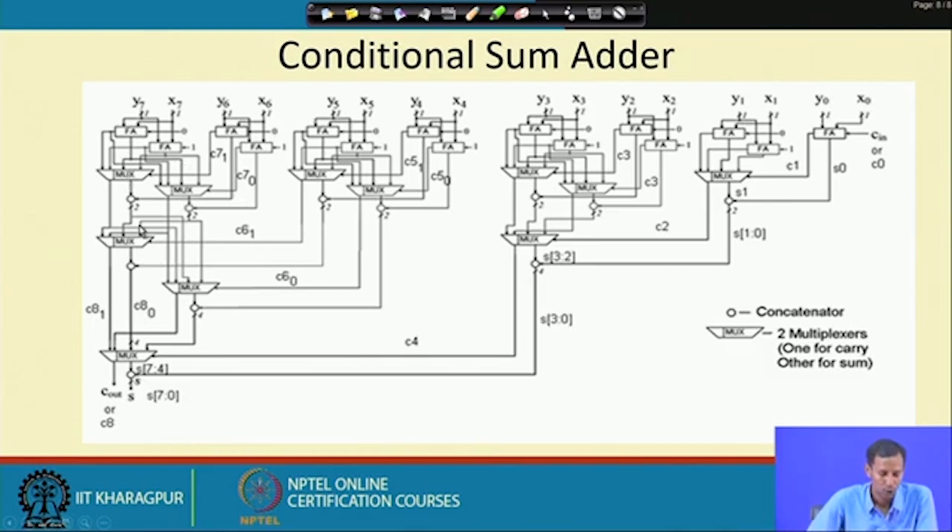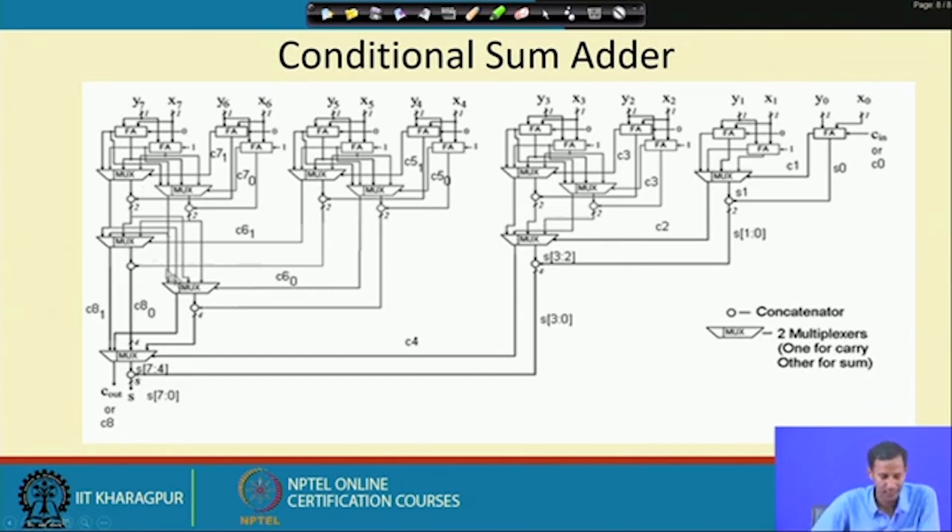Okay. So the carry generated from this particular cell, what logic have we followed here? This particular carry will affect this cell, and this cell's carry will again affect the next cell.